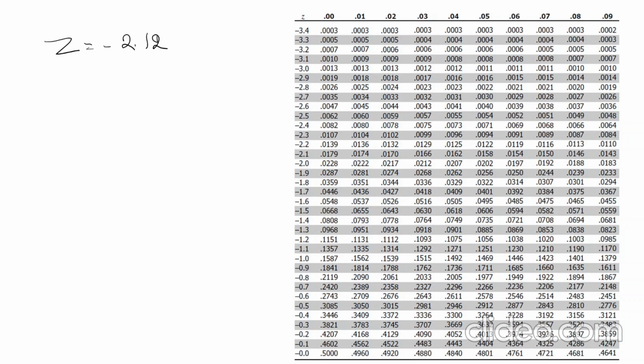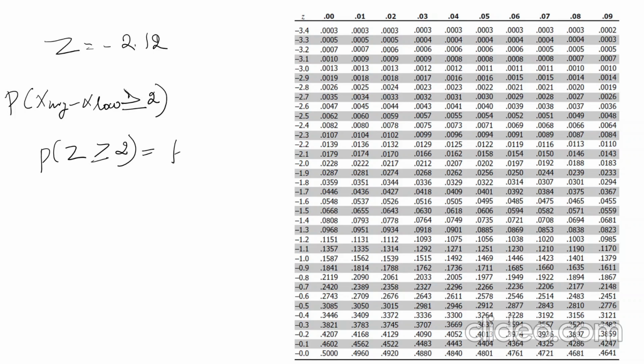But the question is not less than or equal to 2. We have to find x high minus x low greater than or equal to 2. So P of that greater than or equal to 2 is given by 1 minus P of less than or equal to 2.